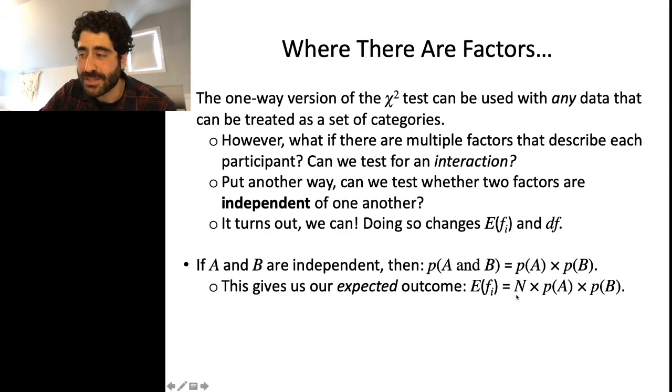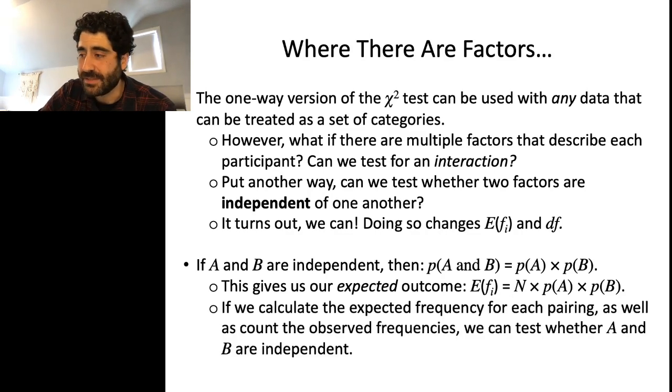So this null hypothesis is assuming that A and B are independent. And so the idea is that we can generate these expected frequencies with this null assumption, and then test whether that null assumption actually is consistent with the data or not.